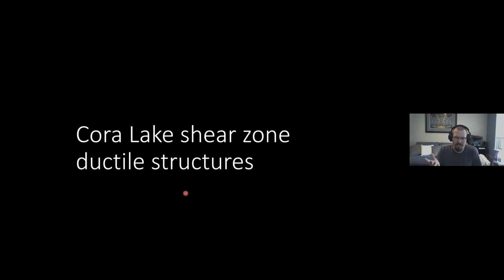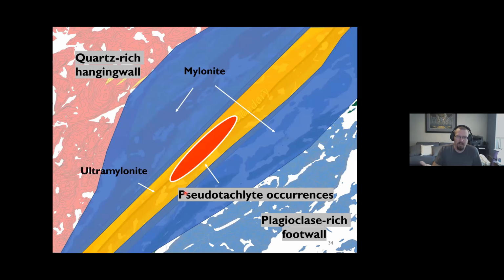So the shear zone itself, now that we have a way of measuring stuff, has a pretty simple structure. It's got lots of interesting stuff going on. The primary reason we studied it in the first place is because it gets super high strain towards the core, and it has this fascinating network of really high temperature, metamorphically overprinted frictional melts.